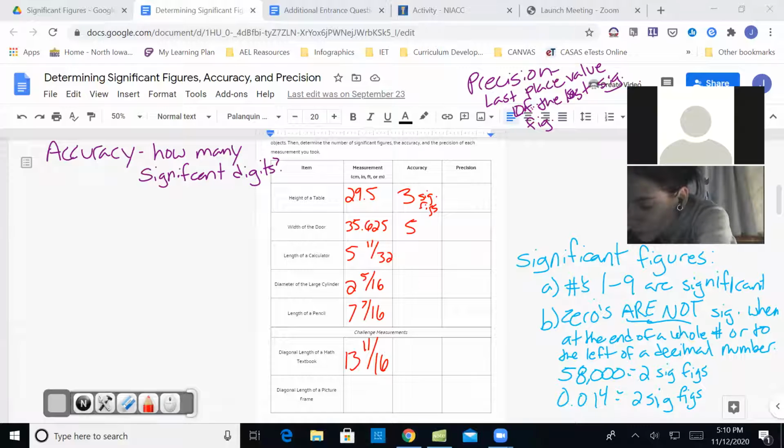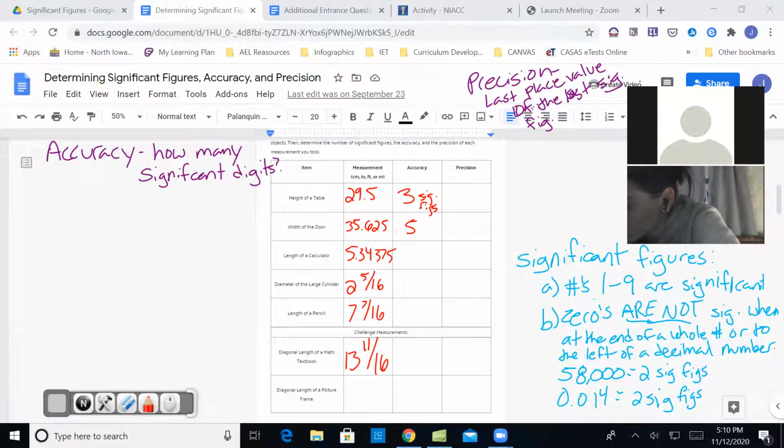It's easy when there's no zeros. 11/32 is a fun fraction. It's a fun decimal. 0.34375.